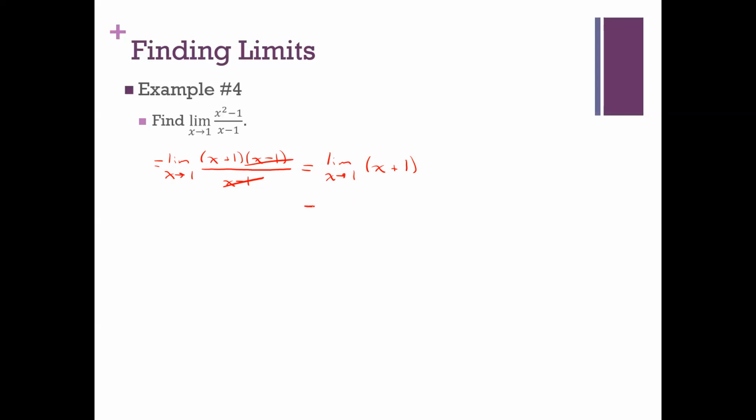Which, to put a really fine point on it, like we did last time, is equal to the limit as x approaches 1 of x plus the limit as x approaches 1 of 1, which ends up being 1 plus 1 is 2. So obviously it's preferable to go about it that way than show me a table with a bunch of guessing and checking that you've done.